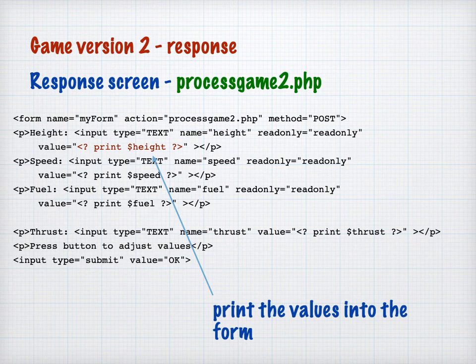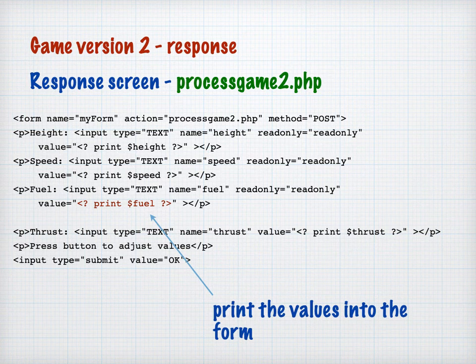Here's the form. Now if you look at the 3rd line down, you can see the bit where it says value equals, and on the previous version of this we actually had a value in there. It had like 300, whatever the value was, but what we really want to do here is we want to actually print the value into that gap. So you can see I've got some PHP there, print height, and I've got print speed, and I've got print fuel.